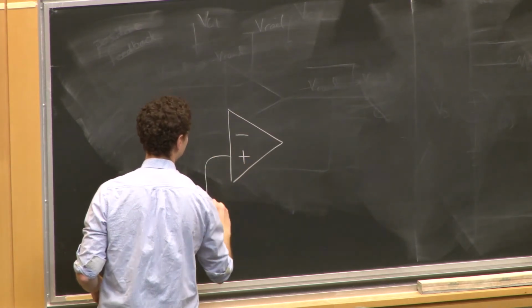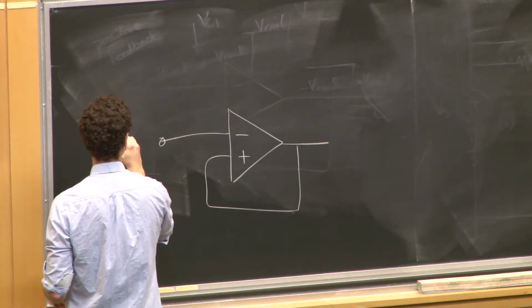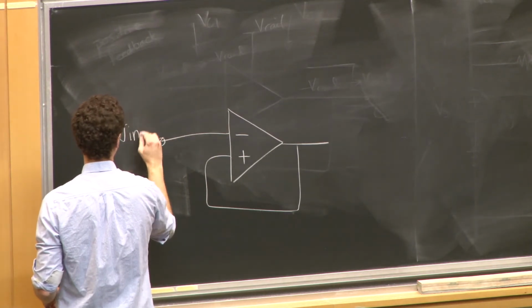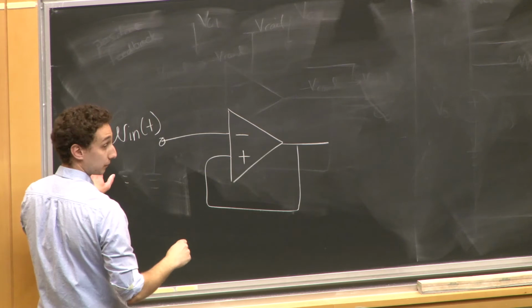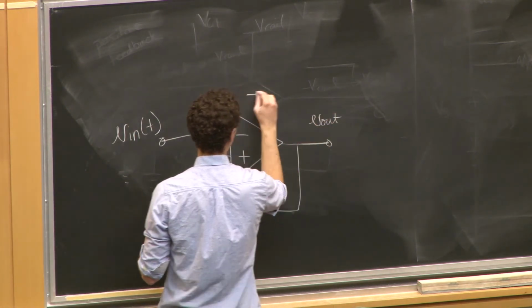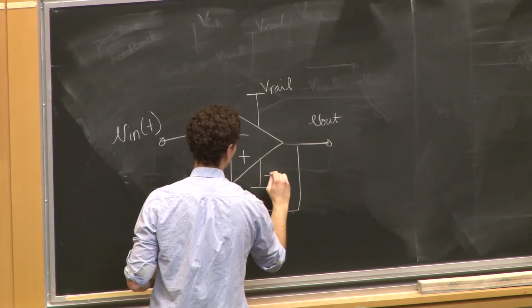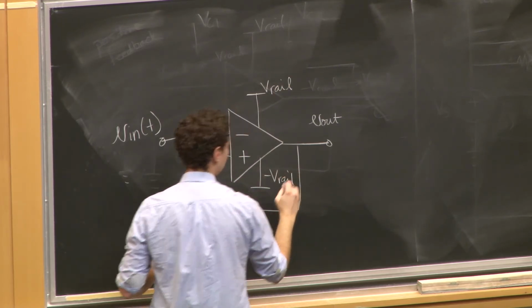Here we have our positive feedback amplifier, and I'm going to call this voltage V in as a function of time. This voltage V out, here's positive V rail, here's negative V rail.